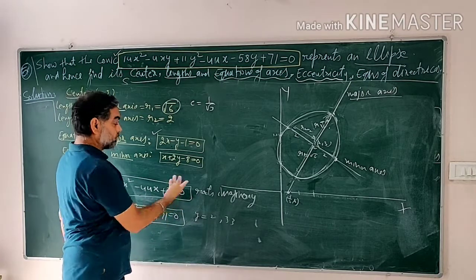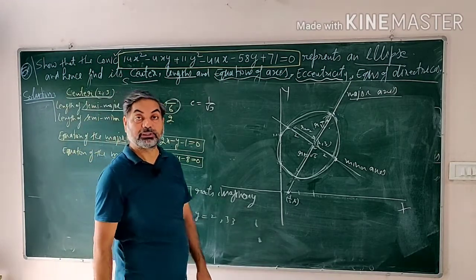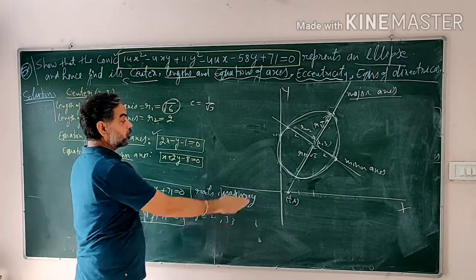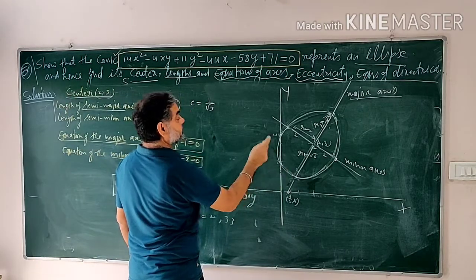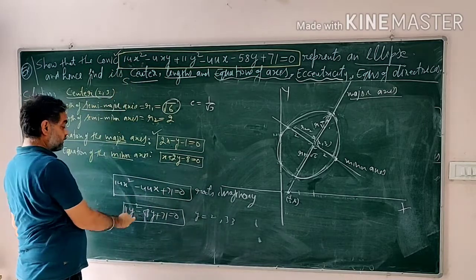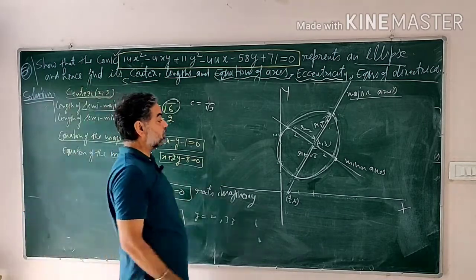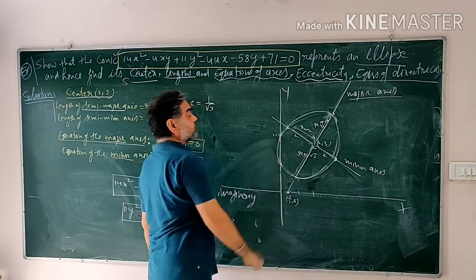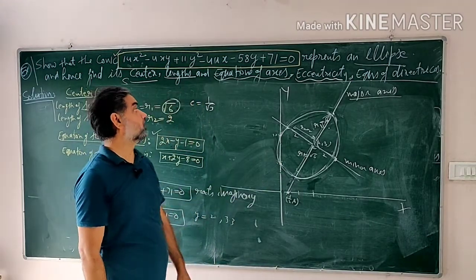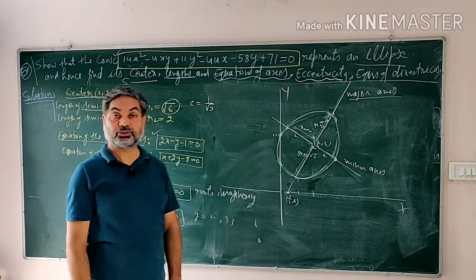The roots will come out imaginary, so this ellipse does not meet the x-axis. To find where it meets the y-axis, you put x equal to 0 and solve for y. You get 2 real points, so this ellipse passes through 2 real points on the y-axis.